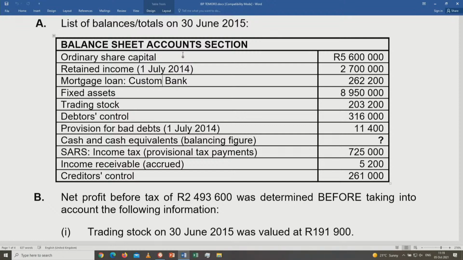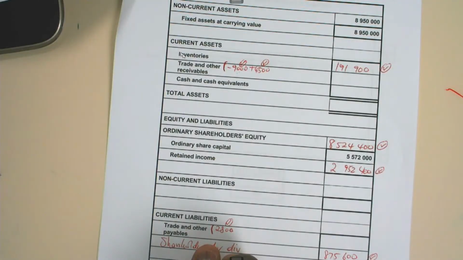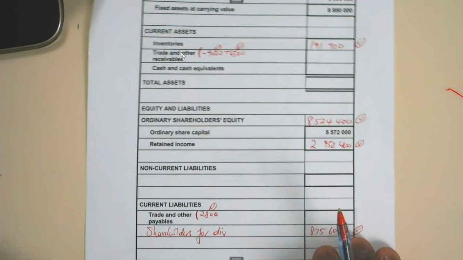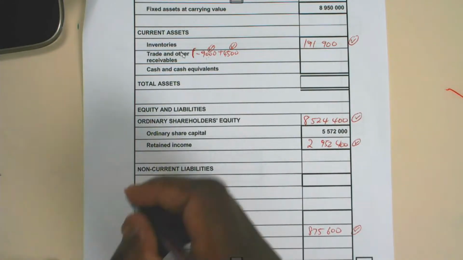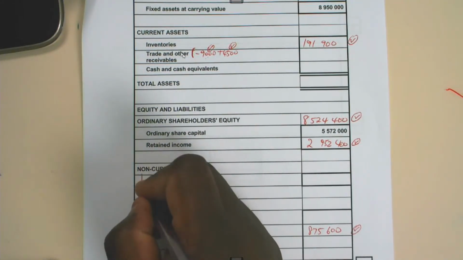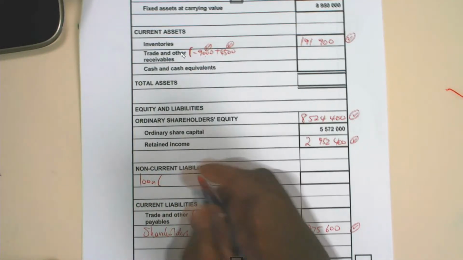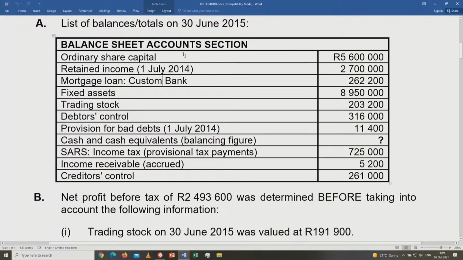Remember, the loan on the face of our balance sheet falls under non-current liabilities. You'll say loan, and then open bracket and write the amount of the loan there. It is 262,200. By transferring the balance there, you get another free mark.